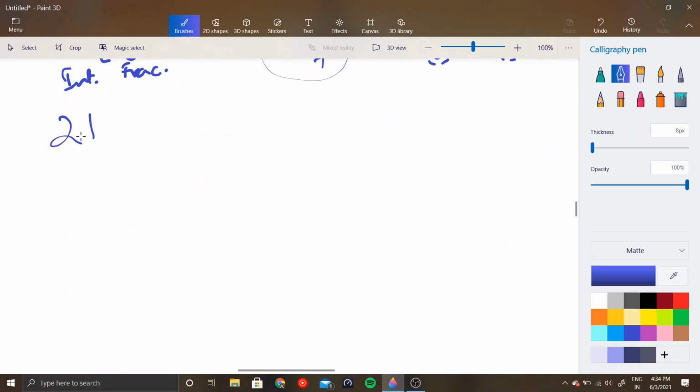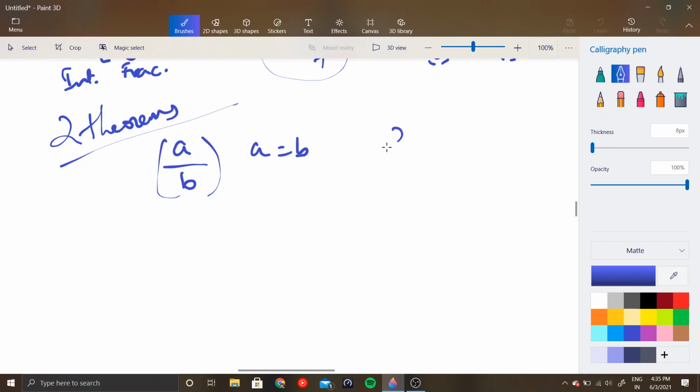Two theorems that you need to know, and these are intuitive theorems. What will happen if, in a fraction a by b, a is equal to b? What is 2 by 2? You are dividing the cake into two halves and eating both of the halves. So basically you are eating the entire cake.